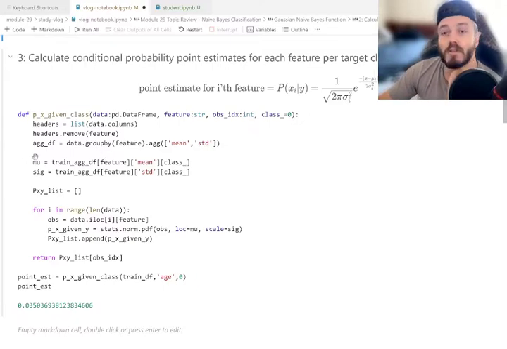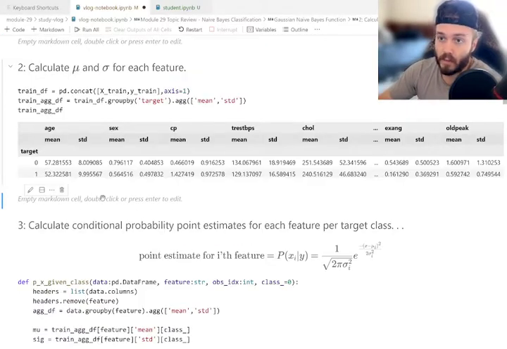So I have this function written here, which is calculating the point estimate given a particular class. You pass in a data frame, the string of the label or column name of the feature that you're calculating.